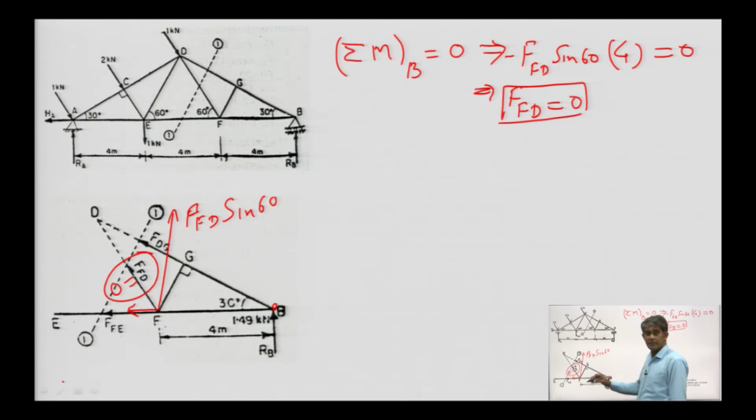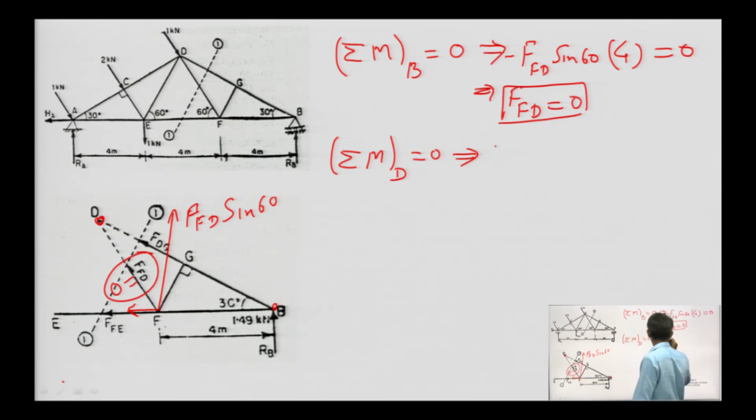By applying sigma F_x equal to 0 you can find it, but if you take the bending moment at this point D, then you can also calculate the value of this force F_E directly. So, apply sigma M about D equals 0. What will you get?